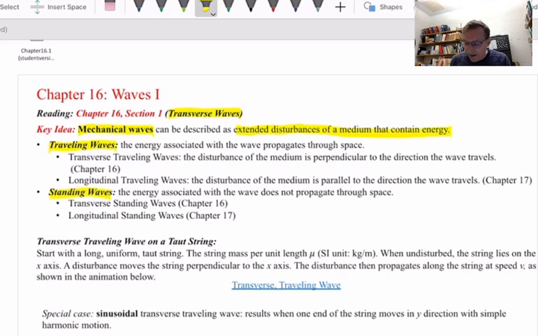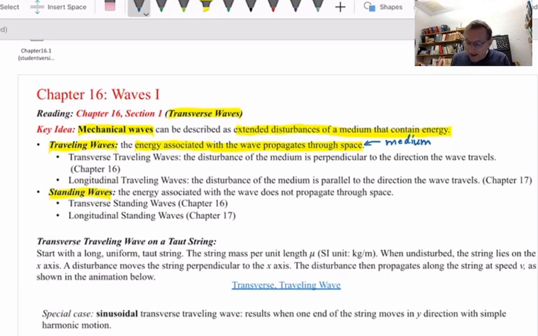In a traveling wave, the energy associated with the wave propagates throughout the medium. Okay, in a mechanical wave, we need a medium to be disturbed. And it's that disturbance in the medium that's propagating throughout space if you have a traveling wave.